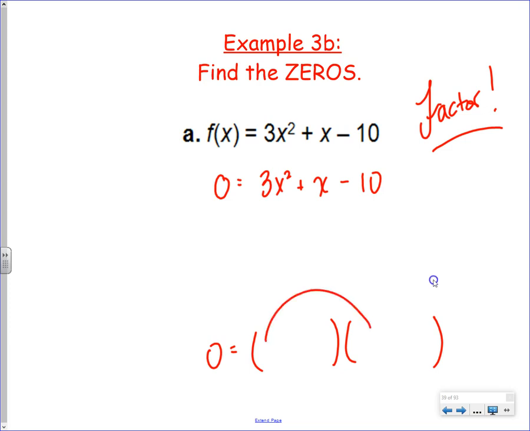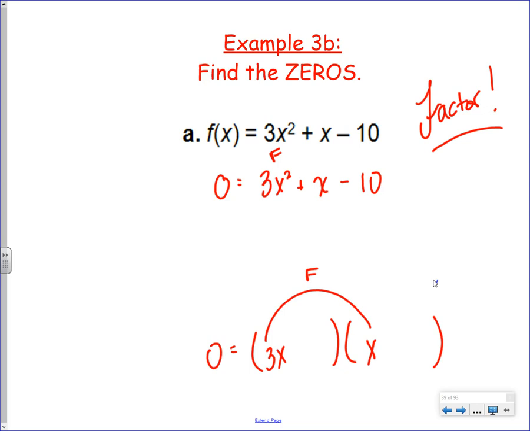This one, the first and the first, almost always makes the F, which is almost always this term right here. I think, what times what can get me 3x squared? And I think, well, there's not much. It's a 3x and an x. If my factors are nice rational numbers, it's not going to be some weird decimal or fraction here. It's just going to be 3x and x.